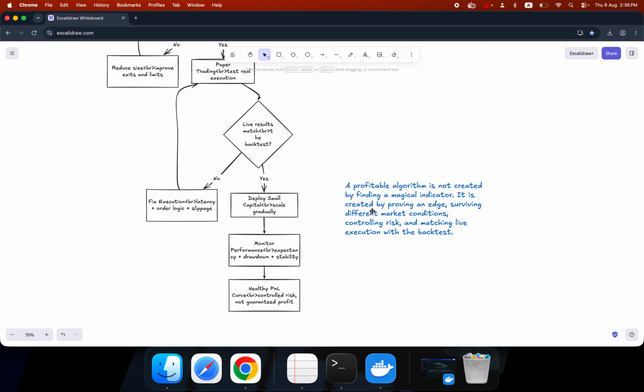It's created by proving an edge, surviving different market conditions, controlling risk, and matching live execution with the backtest. So in one line, it's created by you actually thinking about the whole process very seriously, right? And taking trading as a serious business.